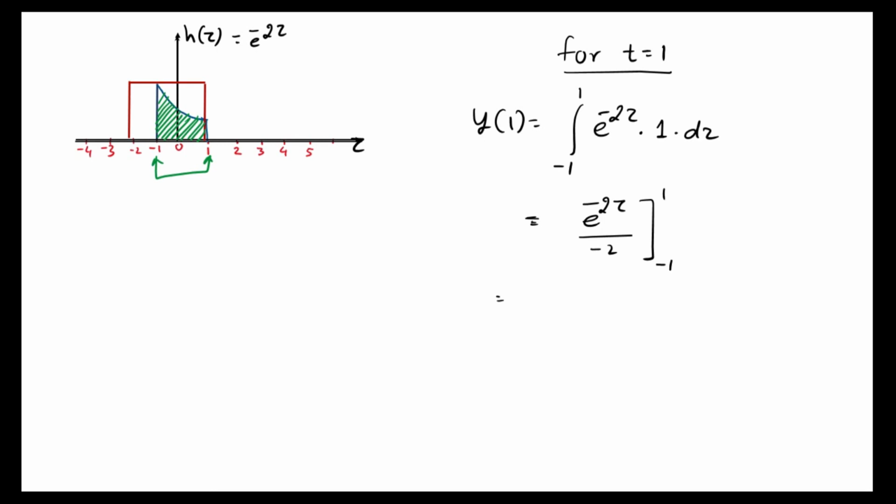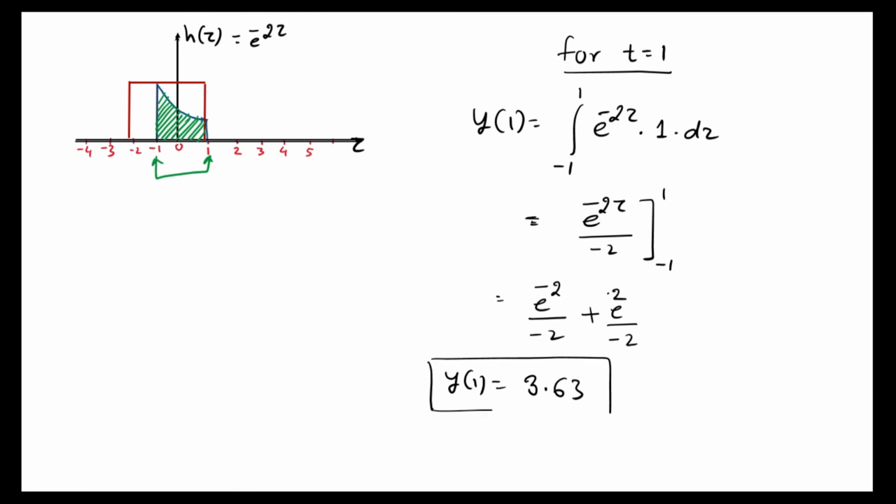Simplifying this, we'll get e power minus 2 divided by minus 2 plus e power minus 2 into minus 1, which is 2, divided by minus 2. We will get 3.63, that is y of 1 is equal to 3.63.